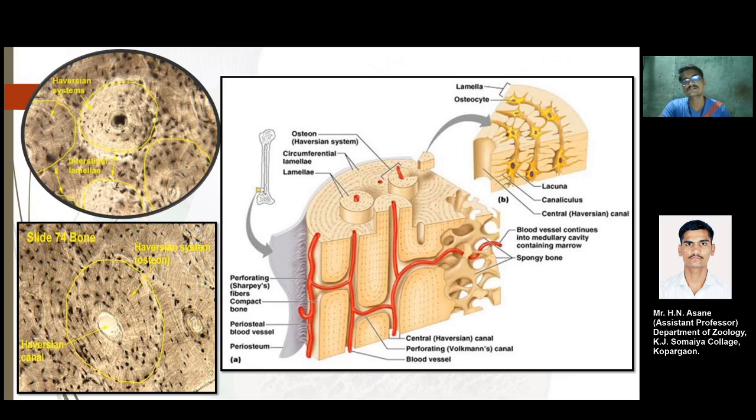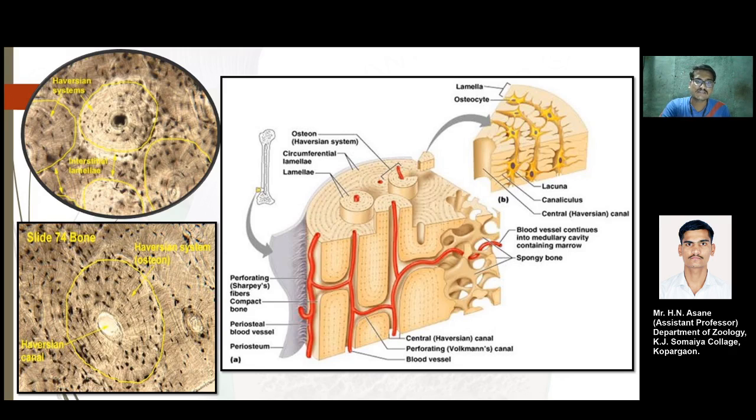You can also see that Haversian canals are present in the compact bone, while one artery is passing through the spongy bone tissue. The spongy bones provide space for arteries to pass through the holes in the spongy tissue, hence they are known as spongy bone tissues.